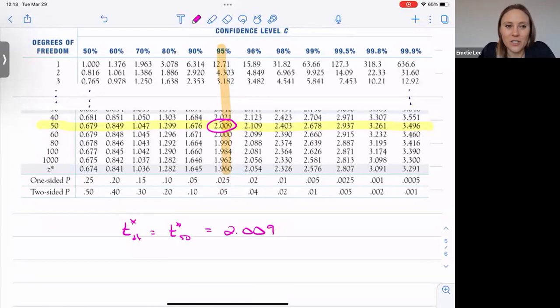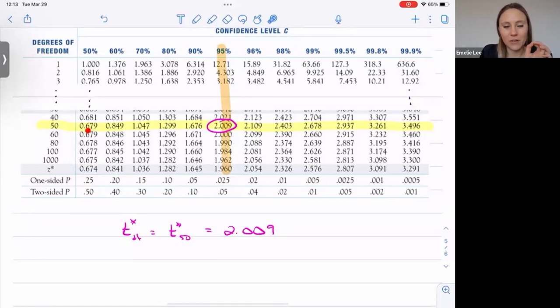If we are doing a hypothesis test, what we're going to do is very similar to the chi-squared test, which also had these degrees of freedom that we were working with. We're going to find our calculated t. We're going to calculate a t, and I have not told you how to do that yet, so we'll save that.